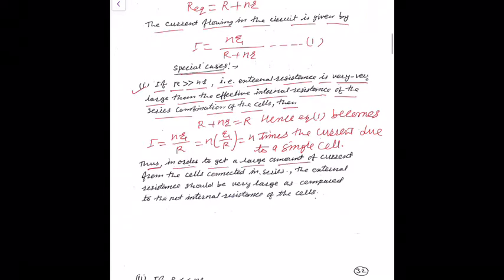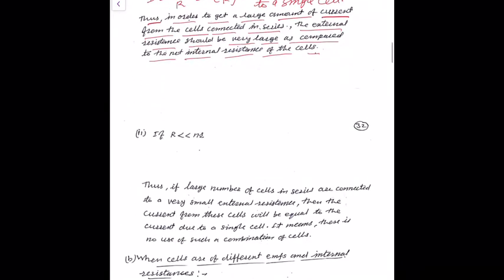Thus, in order to get a large amount of current from cells connected in series, the external resistance should be very large as compared to the net internal resistance of the cells.